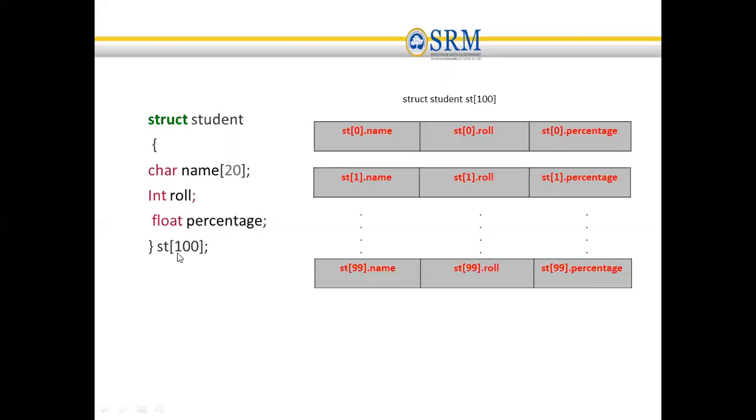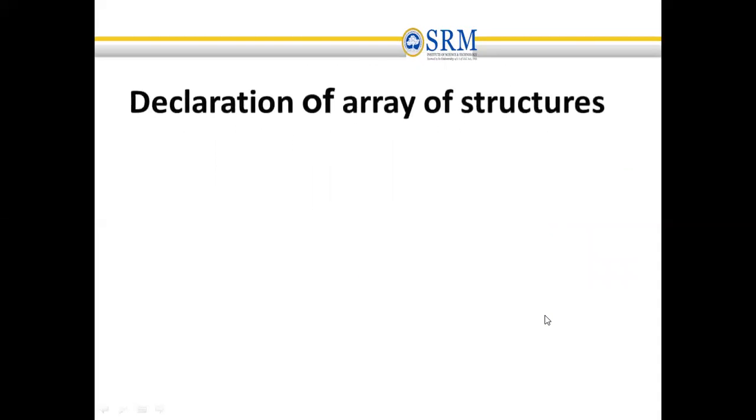In C, as you had guessed, the indices start from 0, so 0 to 99 members I wanted to make. This is how the memory will get allotted, as shown in this diagram. This is the array of structure concept.